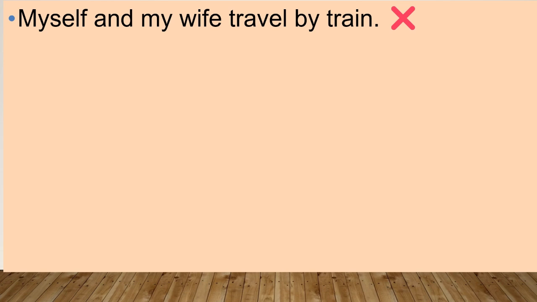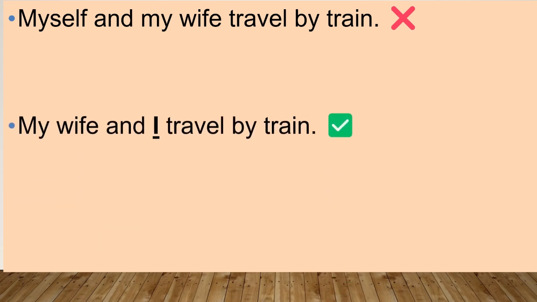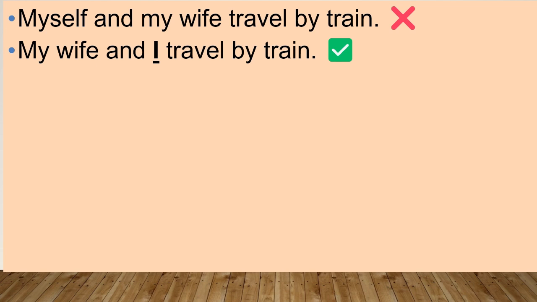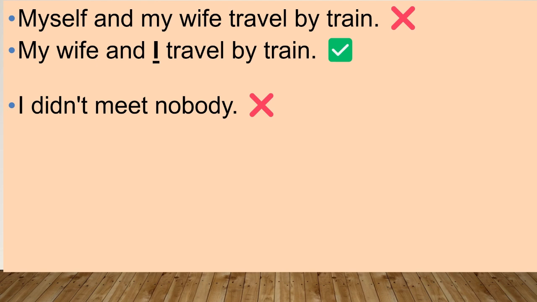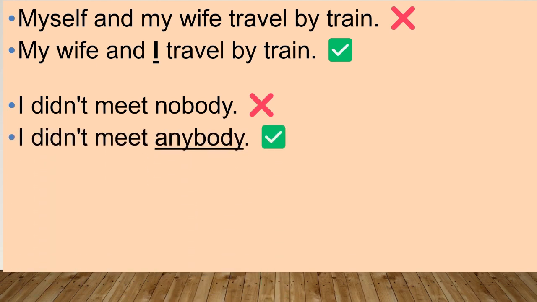Myself and my wife travel by train. This is not correct. The correct form is my wife and I travel by train. I didn't meet nobody is not correct. I didn't meet anybody. That is the correct form.